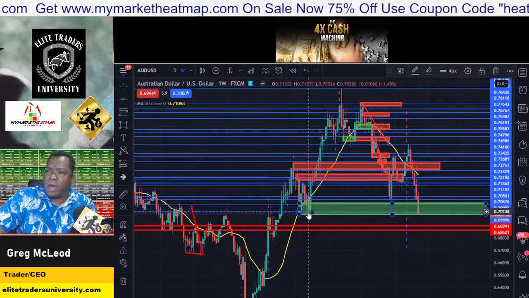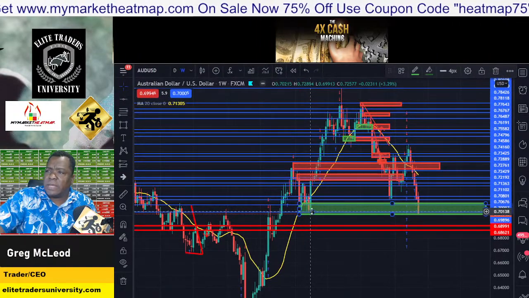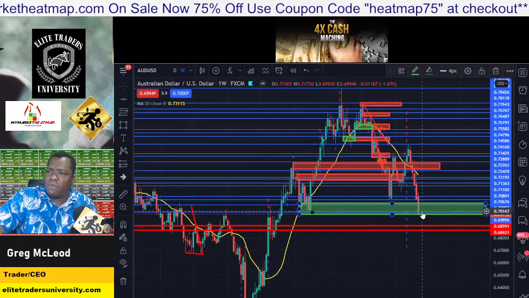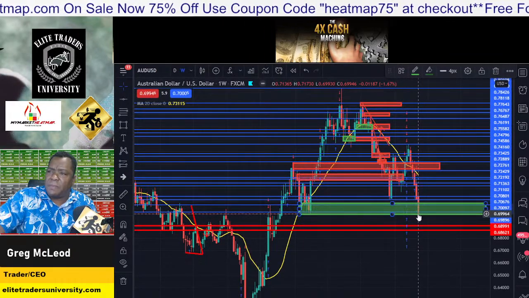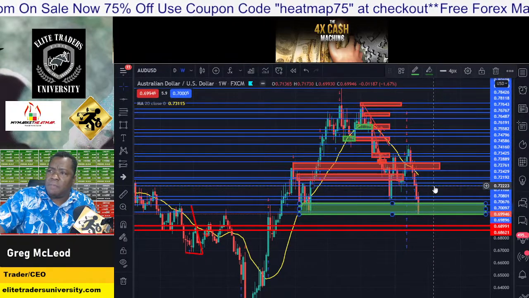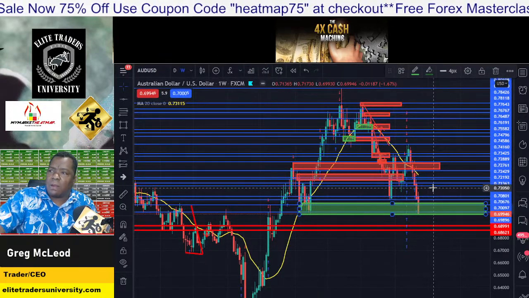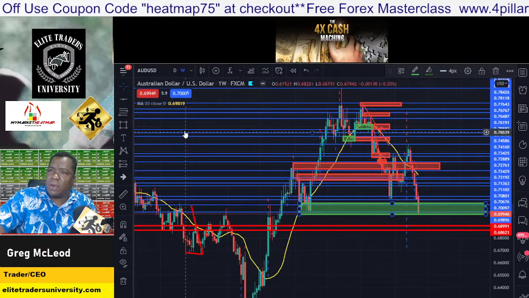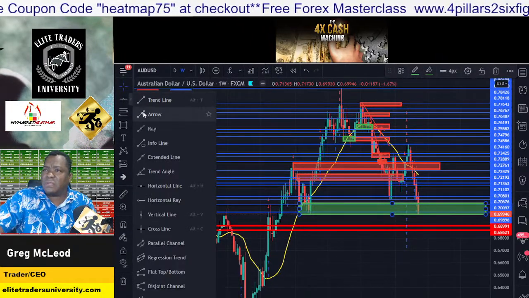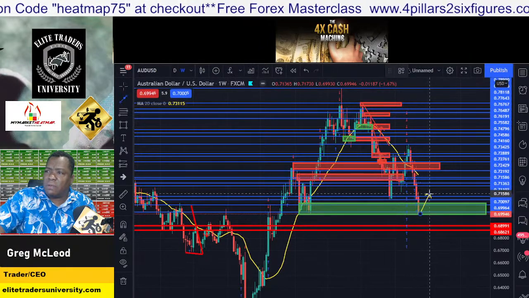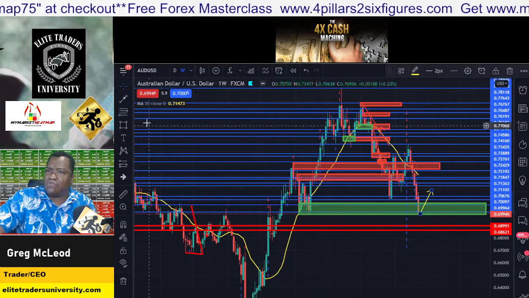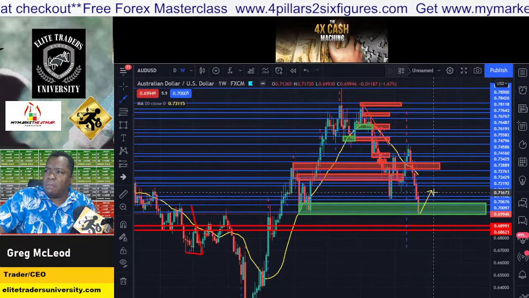That's probably why it paused right there, right? Because this is pretty extended, kind of oversold, so maybe we get a bounce from there, but it may not bounce that far. It may do a little zigzag where we do a little bit of a bounce from this level, and then maybe bounce and then drop, right?